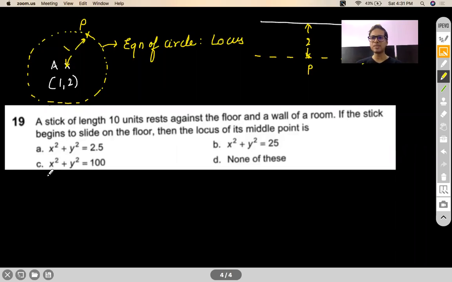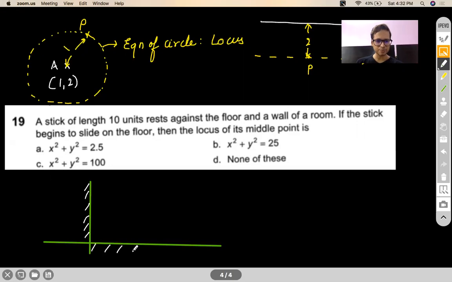In fact, while solving, I'll give you some very important insights. So first of all, let us make a very small diagram for it. Let's say this is my wall, and this is my floor. Okay, this is your wall, not Rahul Dravid.